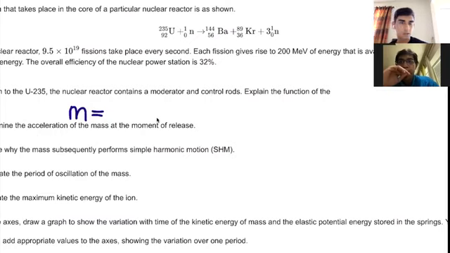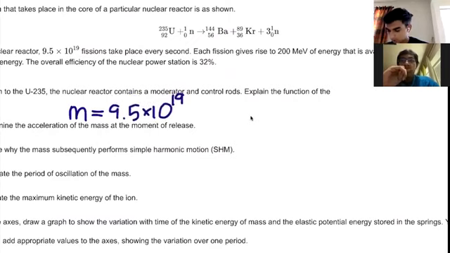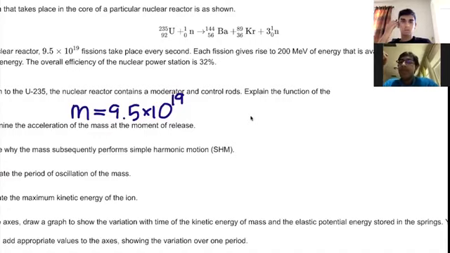So since we have the number of fissions, that's the number of nuclei. So 9.5 times 10 to the 19 things. In a question like this, you would need the molar mass though, right? The molar mass is 235.